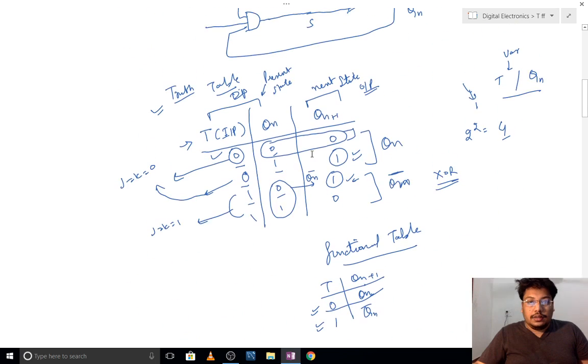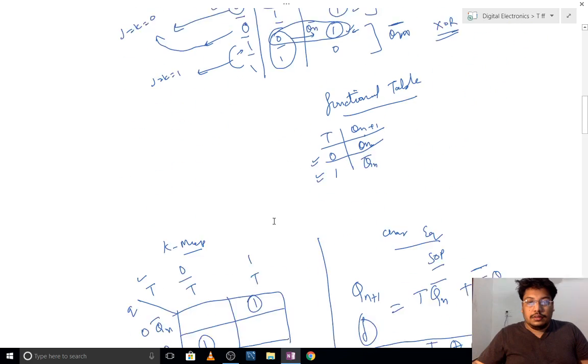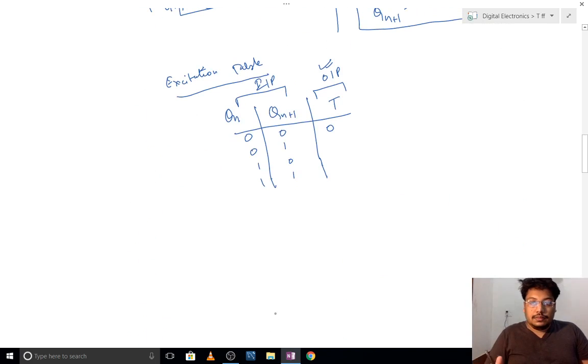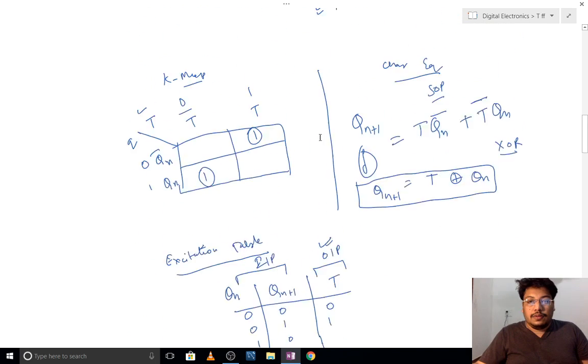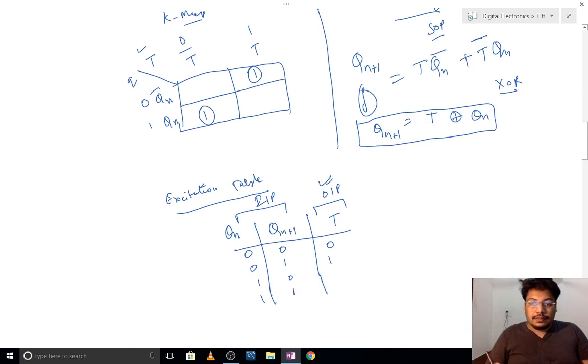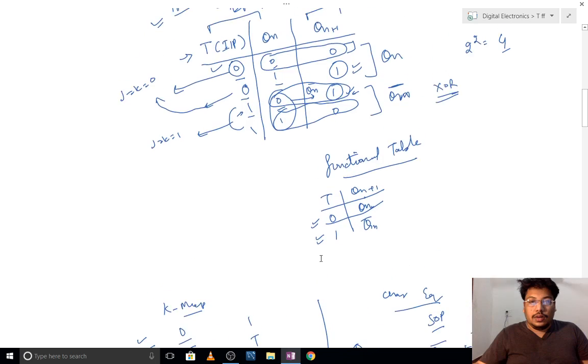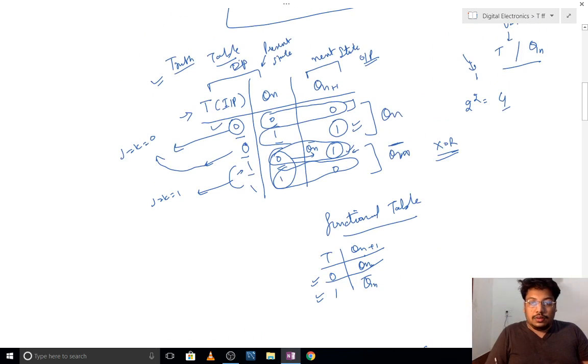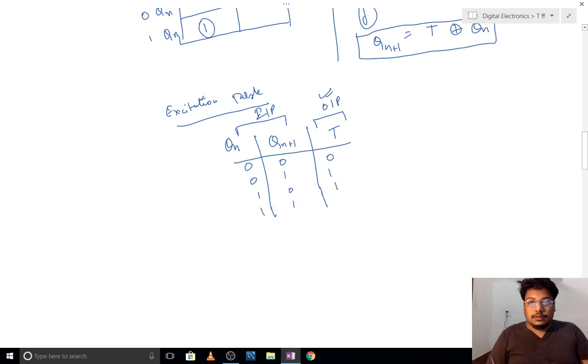For 0 1, this is the combination, T is 1. For 1 0, this is the combination, T is 1. And for 1 1, here this combination, my T is 0. So this is my excitation table, right?